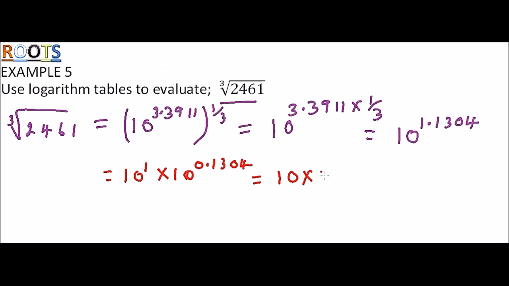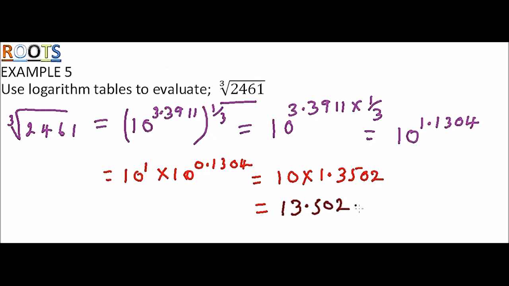0.1304 is 1.3502. So this is equals to, when you multiply by 10, then you get it is 13.502.